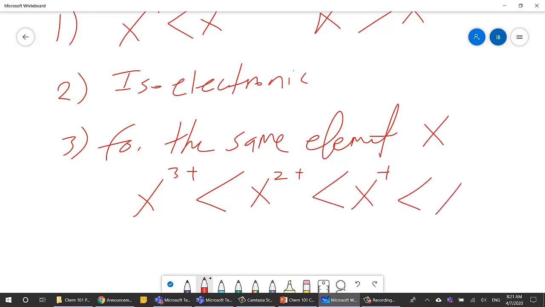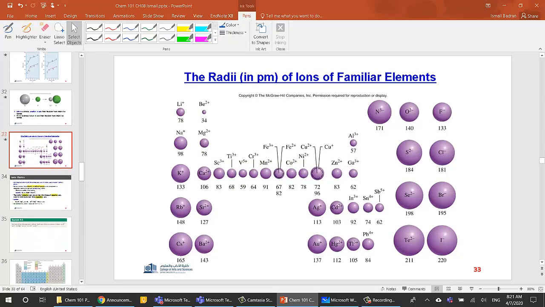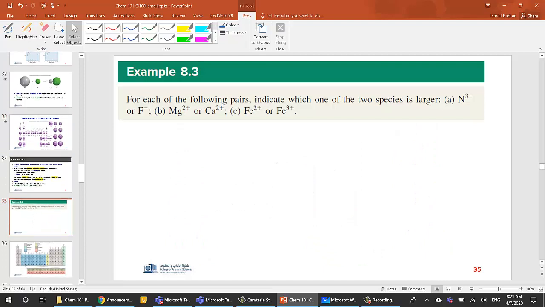It's smaller than X. That's for the same element. For example, chromium 3 plus is smaller than chromium 2 plus, because simply you're taking an electron out and it becomes smaller. And also you can apply the nuclear charge for that. Okay, so by now we know how to arrange the size of the ions.